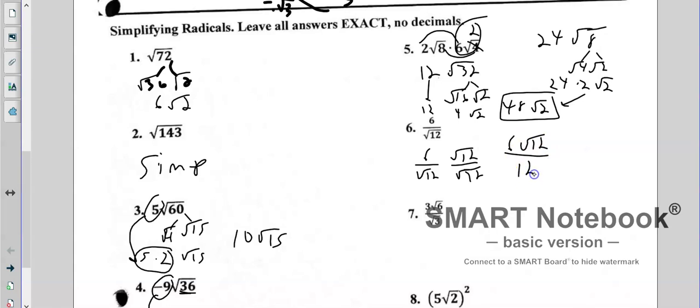On the bottom, you just get 12, and then you're going to simplify. So that's radical 12 over 2. The other way is you could have simplified this first and taken out the radical 4 and had a smaller number to rationalize, but you're still going to get to the same answer.